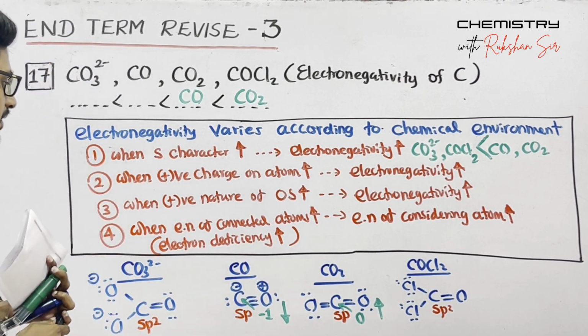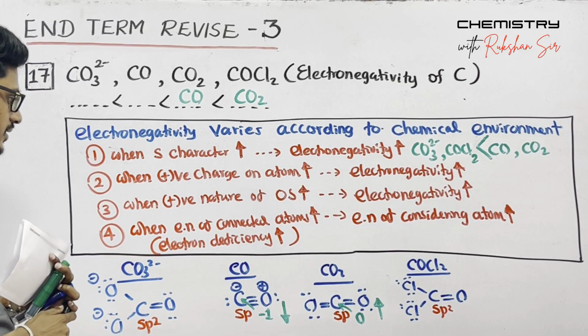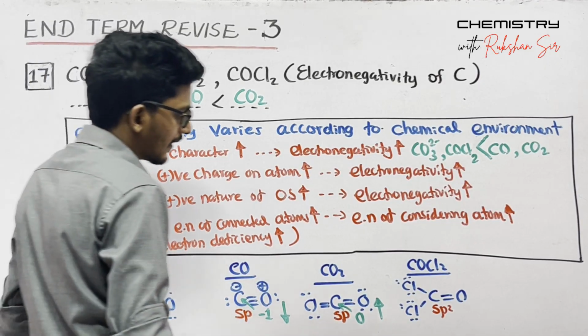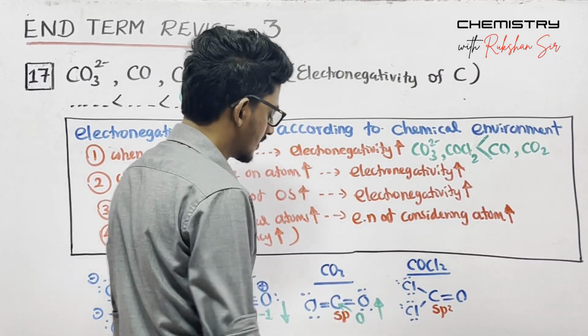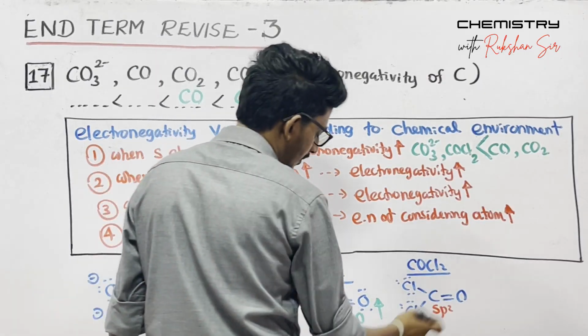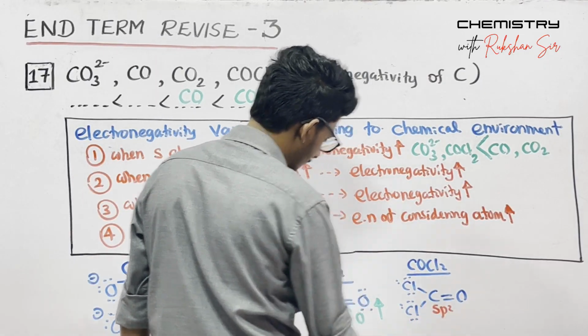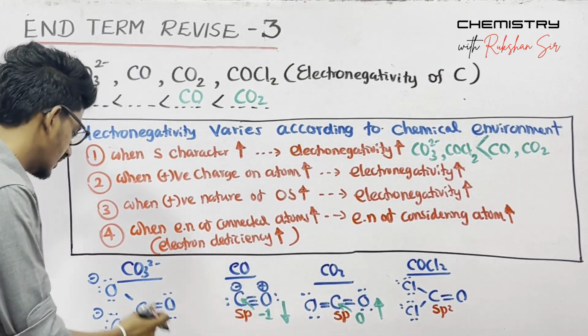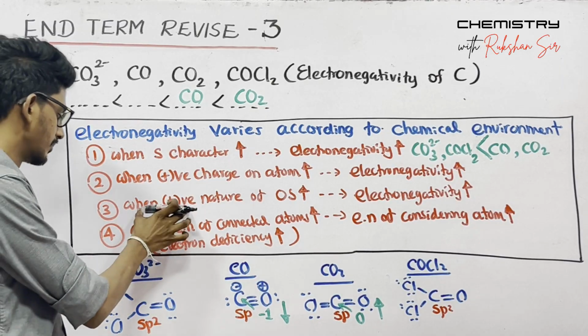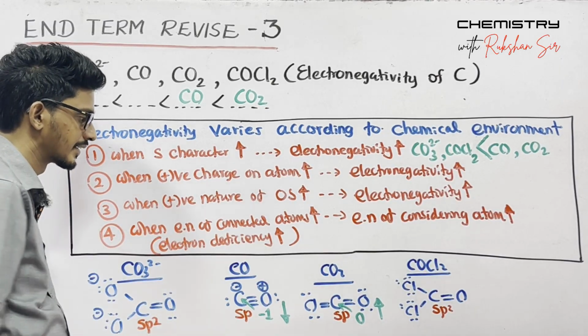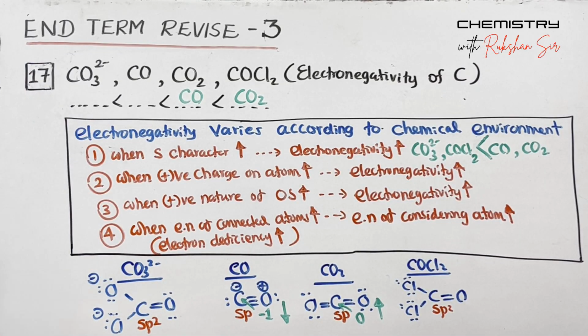Then we have to come up with the oxidation state. Here the oxidation state of carbon is +4, as well as with this one, +4. Oxidation states are also the same.